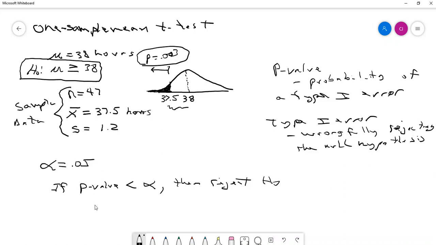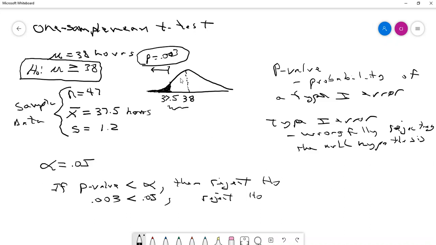So my p-value is 0.003. All right, we got that off the calculator. It is less than 0.05. Okay, p-value less than alpha, so we're going to reject H sub 0. H sub 0 is that the mean was greater than or equal to, so this we're saying was H sub 0, all this here.